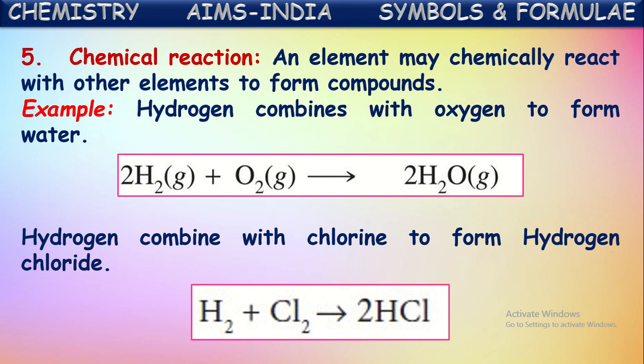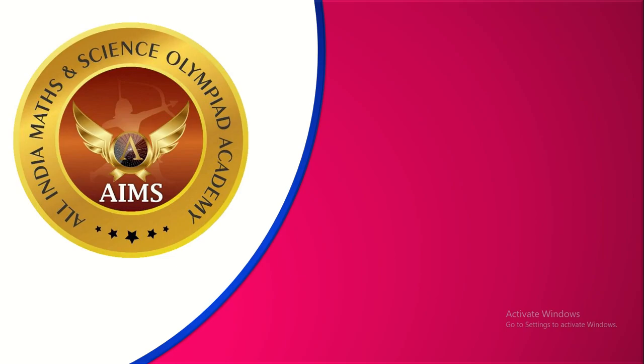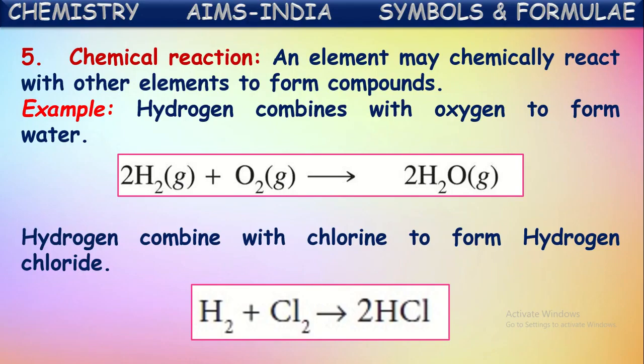Each and every element has its own symbol. No two elements have the same symbol. So do we know the scientist who proposed these symbols which we follow now? Who was that? Berzelius. Before Berzelius, some other scientists also tried to give symbols for the elements, but they failed.